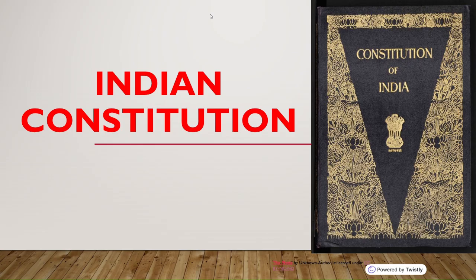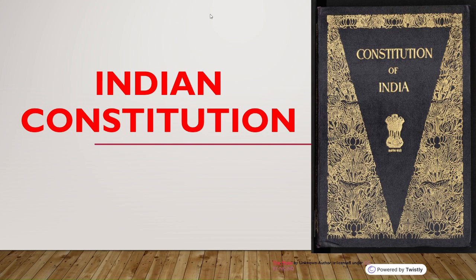The Drafting Committee was headed by Dr. B.R. Ambedkar. The Advisory Committee on Fundamental Rights, Minorities and Tribal and Excluded Areas was headed by Sardar Patel. The Rules of Procedure Committee was headed by Dr. Rajendra Prasad. The States Committee for Negotiation with States was headed by Jawaharlal Nehru.